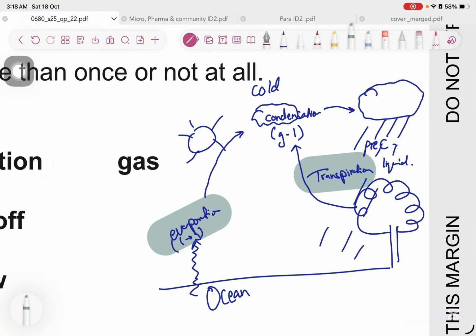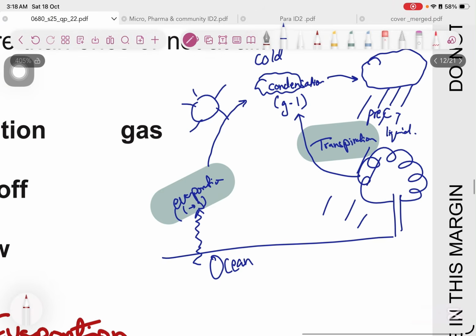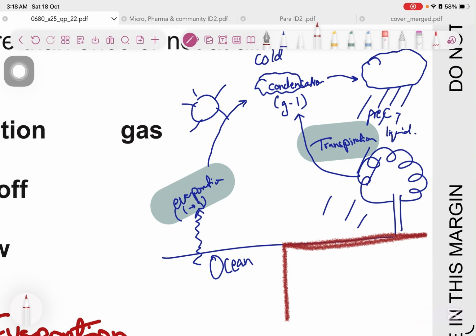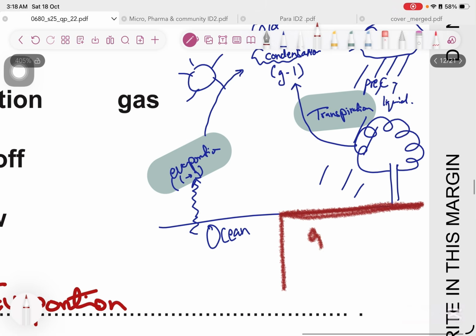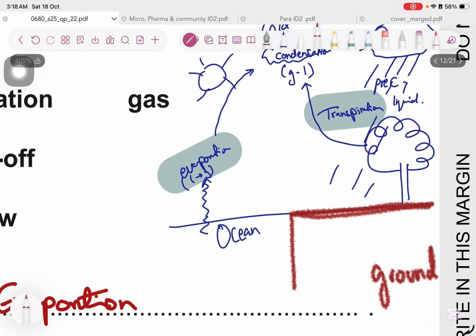And then the water goes down, and sometimes it can hit the ground. Let's say this part is the ground. I'm going to make it in red so you can differentiate.